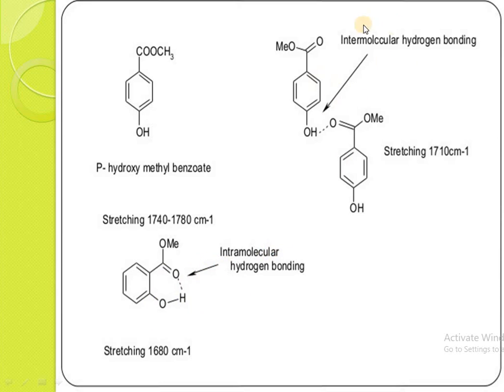Now the intermolecular hydrogen bonding has a stretching vibration at 1710 centimeter inverse, but the intramolecular hydrogen bonding will have it at a lower wave number, that is, 1680 centimeter inverse. So generally intermolecular hydrogen bonding has the IR absorption at higher wave number and intramolecular at lower wave number.